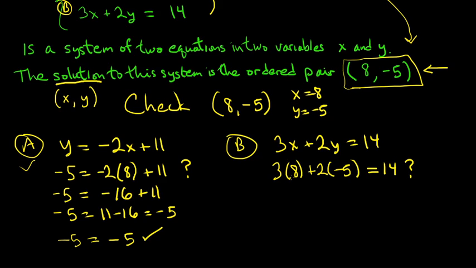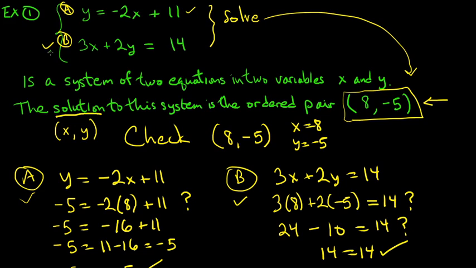Well, let's multiply this out. 3 times 8 is 24. 2 times -5 is -10. So does 24 minus 10 equal 14? 24 minus 10 is indeed 14. So that's also true. Now we checked equation A and equation B, and they're both correct. So that's how we know for sure that this is our solution.